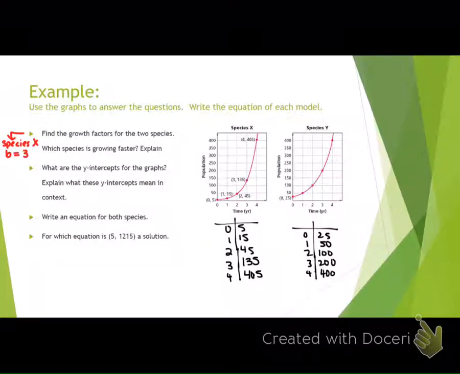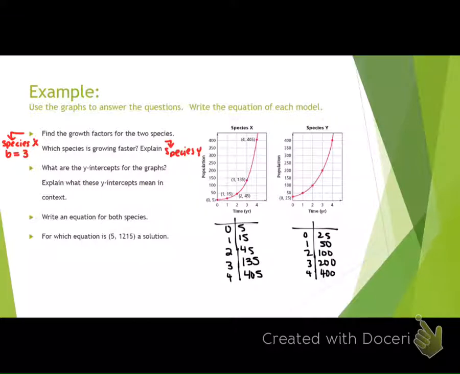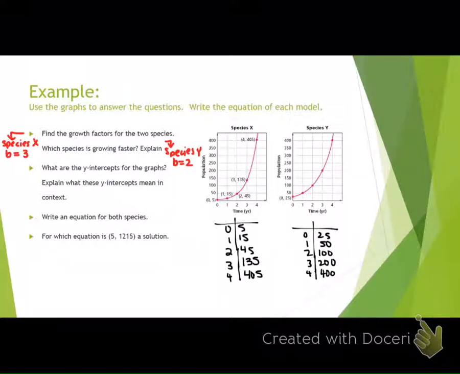Okay, what about for species Y? What is the growth factor, Jordan? How did you figure that out? So which one of those is growing faster? Tell me which one is growing faster, RC, species X or species Y? Species X. And why? Because it's multiplying by a bigger number. Yep, because 3 is bigger than 2. That's a bigger number.